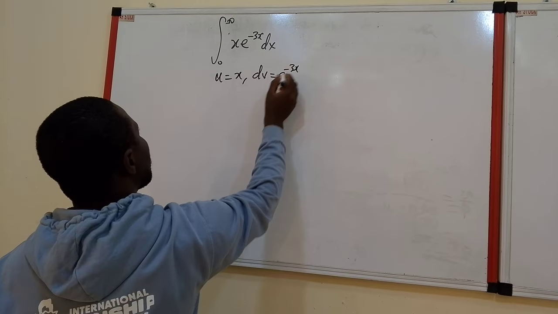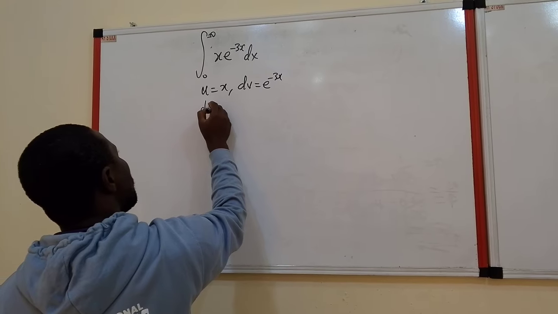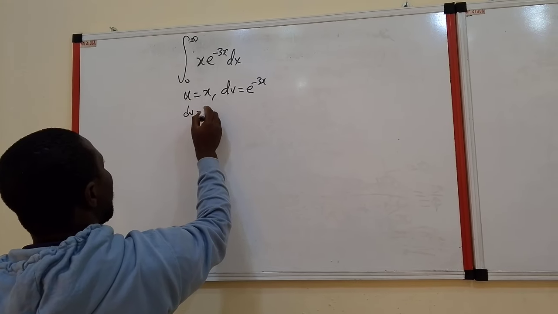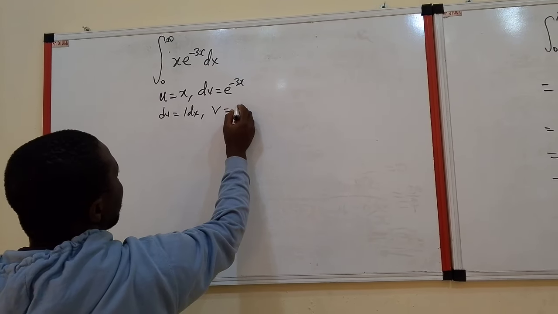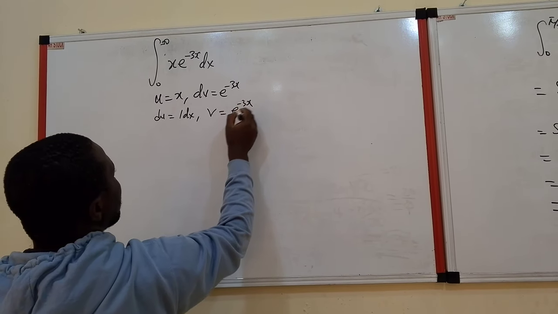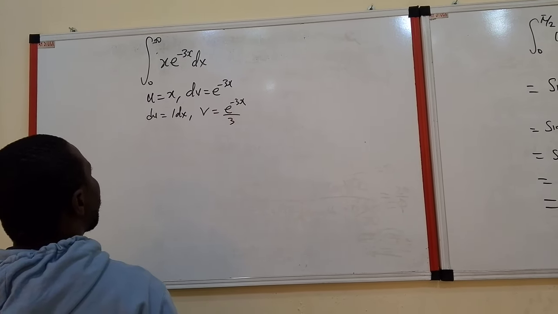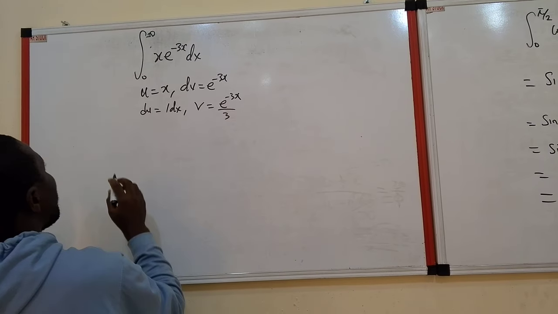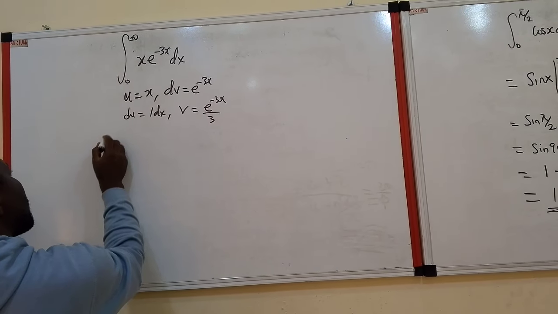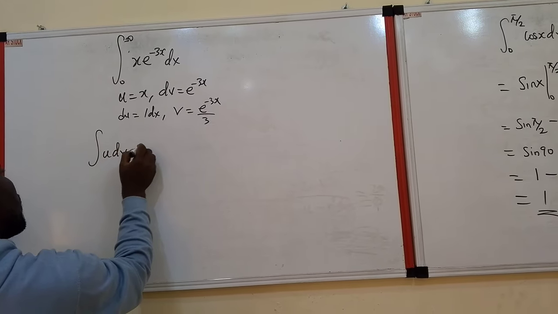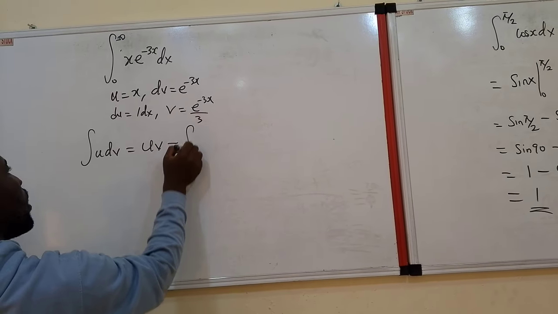Our du now is 1 dx. Our v is exponential minus 3x over 3. Now, from the formula for integration by parts, integral of u dv equals uv minus integral of v du.